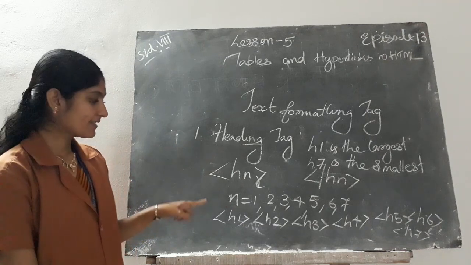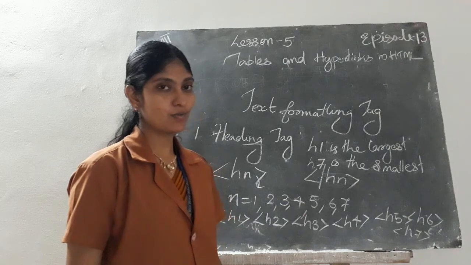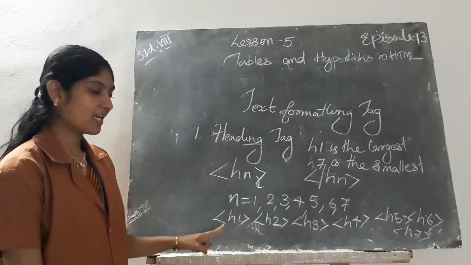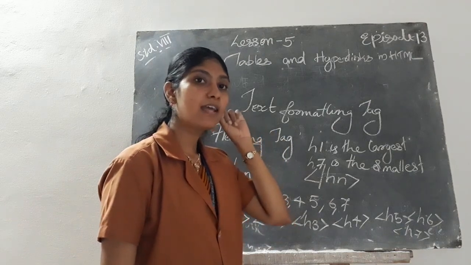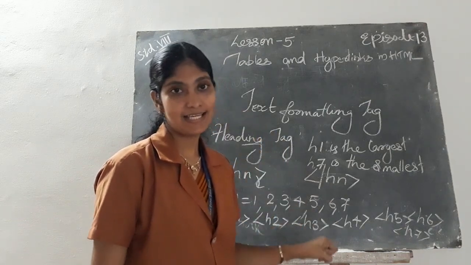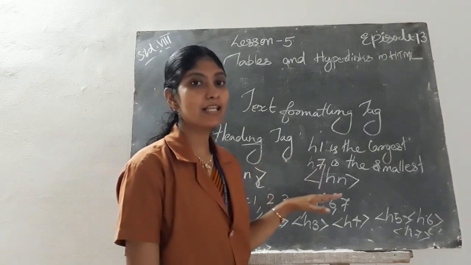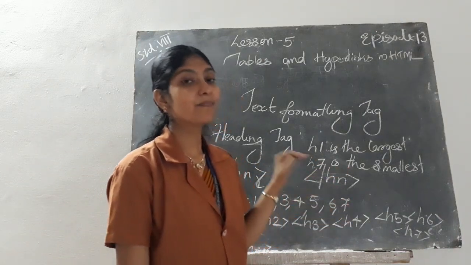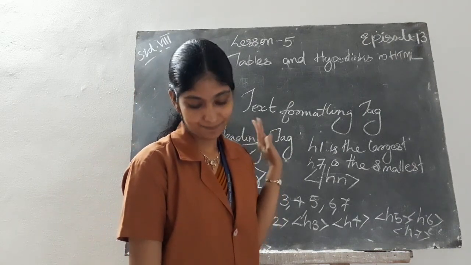N starts from 1, 2, 3, 4, 5, 6 to 7, that is H1, H2, H3, H4, H5, H6 and H7. And from these, H1 is the largest size and H7 is the smallest heading tag.